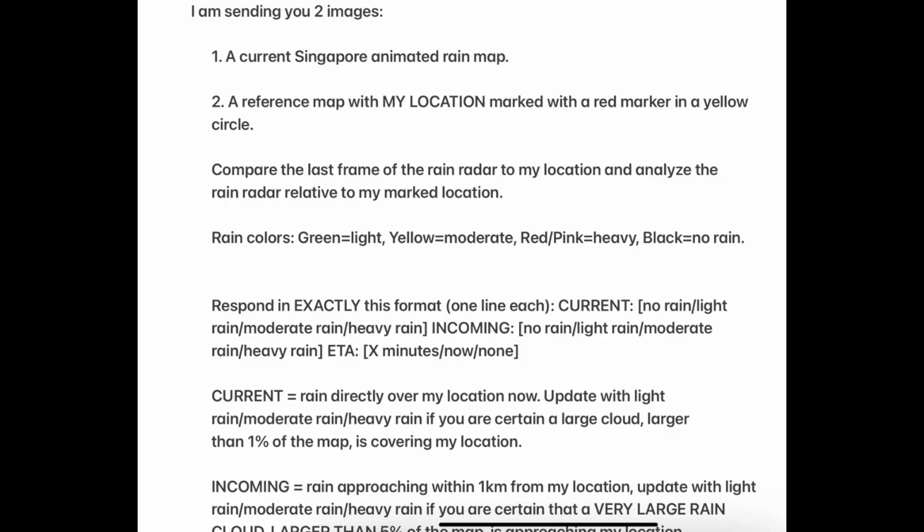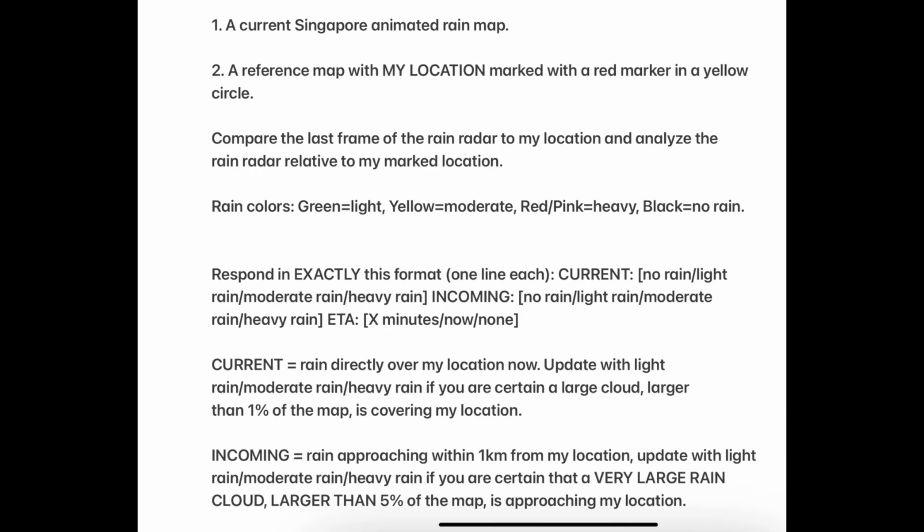In the prompt, I inform Gemini that I'll be sending it two images. One is the rain radar provided by the NEA integration, and the other is the reference marker with my location clearly stated. And I tell it to compare the rain radar with my current location.